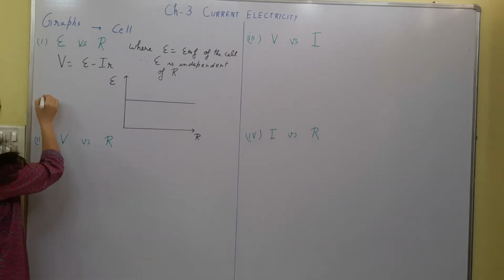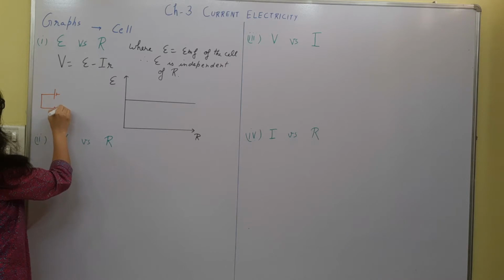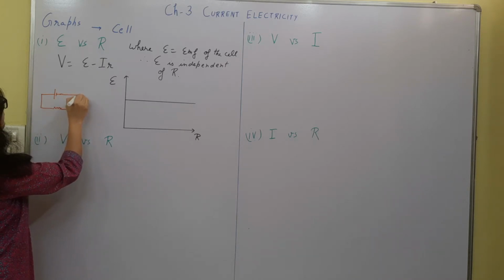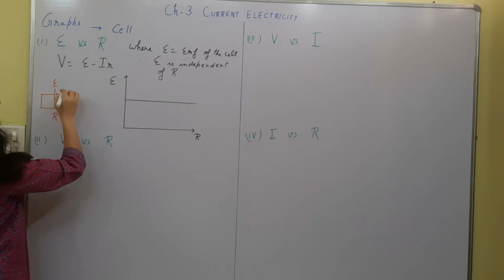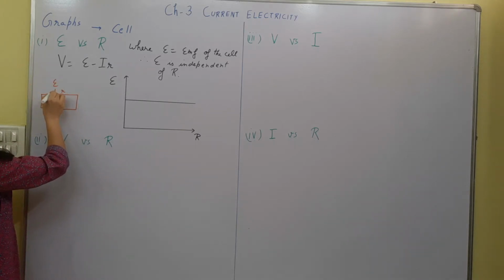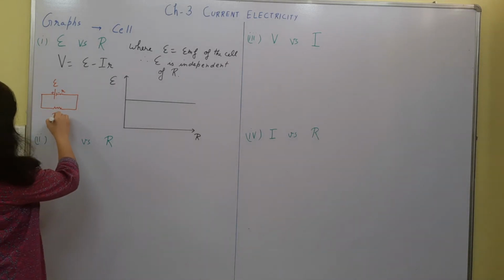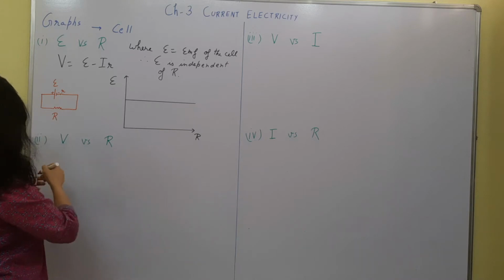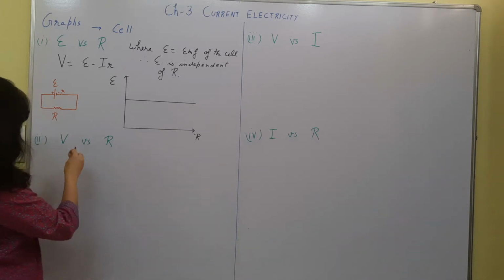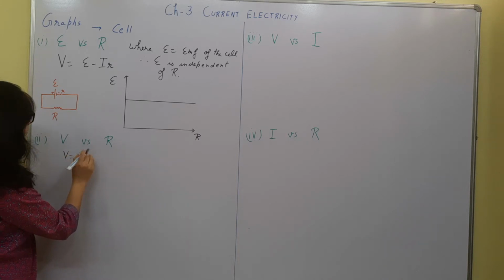So here, we know that V is equal to IR, and we know the formula for current.